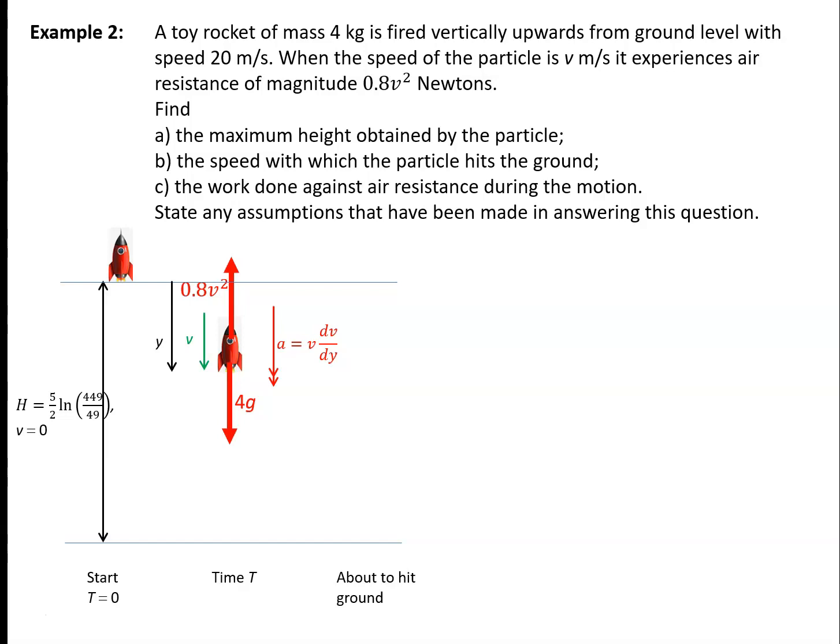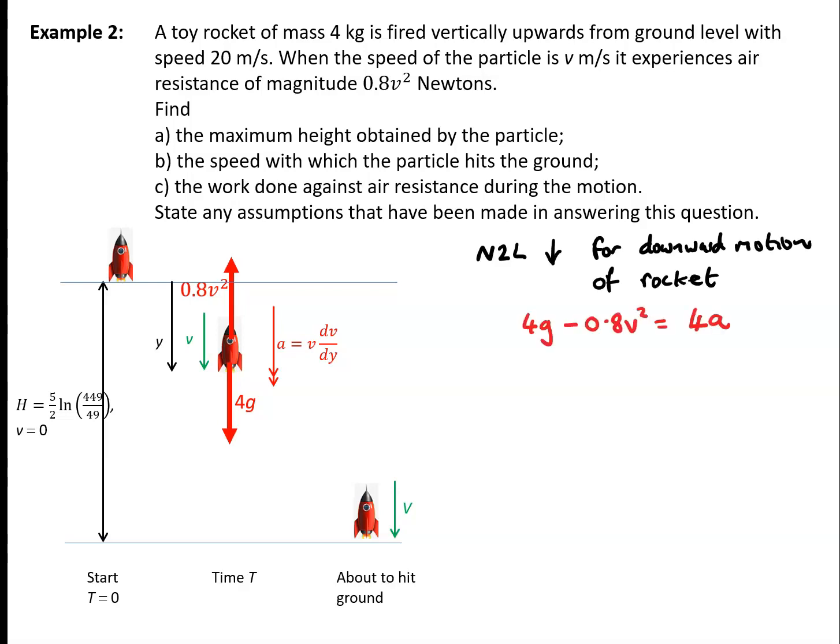And then when the rocket is about to hit the ground, we're going to suppose that it is moving with speed or velocity capital V downwards. So Newton's second law applied downwards gives me 4g minus 0.8 v squared is 4 times a.